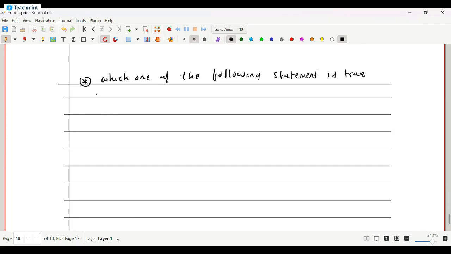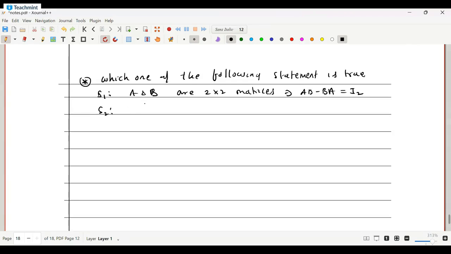Statement 1: A and B are 2 by 2 matrices such that AB minus BA is equal to I2.